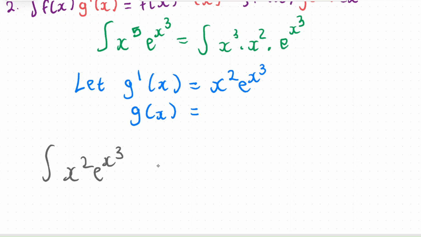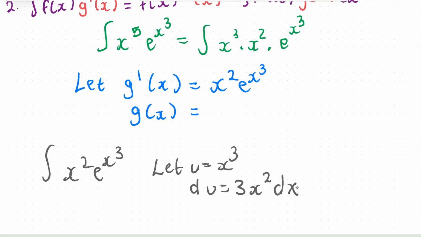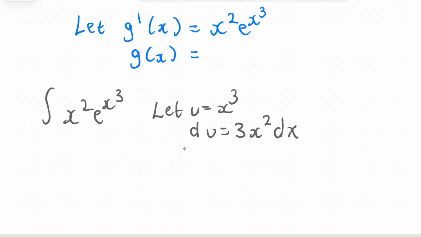We can use u substitution. So I'm going to say let u equal x cubed, so that du could be equal to 3x squared dx. And then I'm going to say dx is equal to du divided by 3x squared.